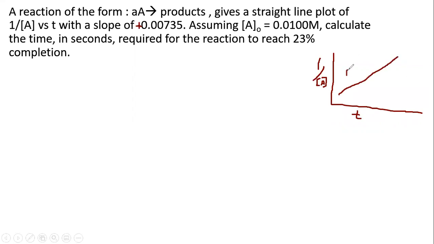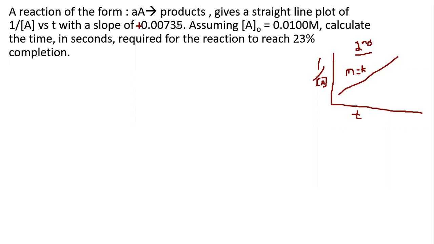And so here the slope equals K. So when you plot 1 over A versus T and you get a linear trend, the slope equals K. This is for a second order reaction. Remember, for ln of A versus T, it's first order, and for A versus T, it's zero order. So here it's a second order reaction, which means the slope equals K.